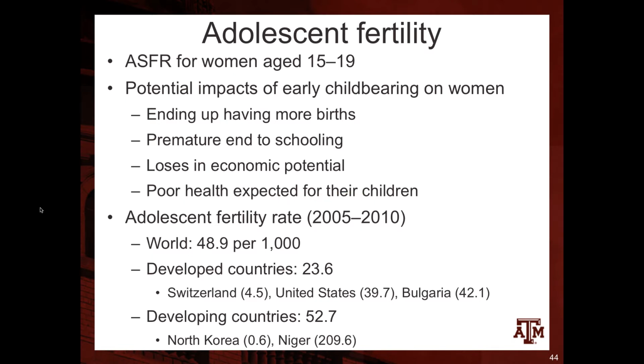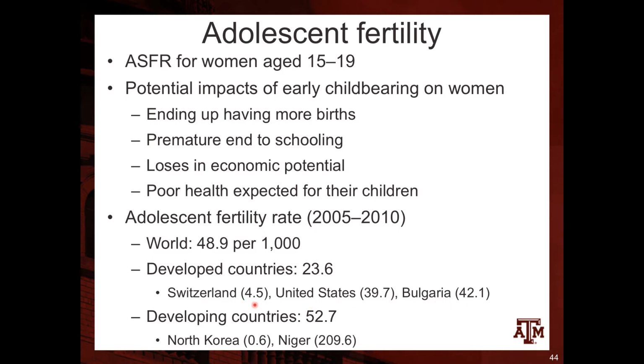So just to have an idea, the adolescent fertility rate between 2005 and 2010 in the world was 48.9 children per 1,000 women between 15 and 19 years of age. In developed countries, it was 23.6 children per 1,000 women, and it varied a lot between developed countries.